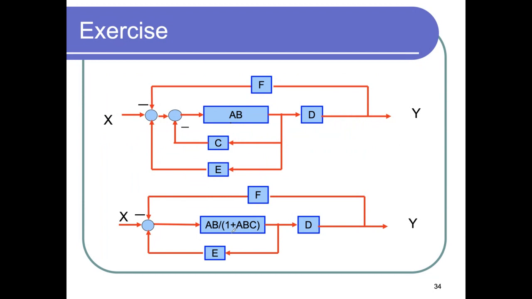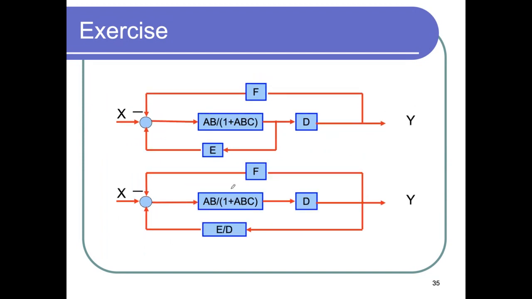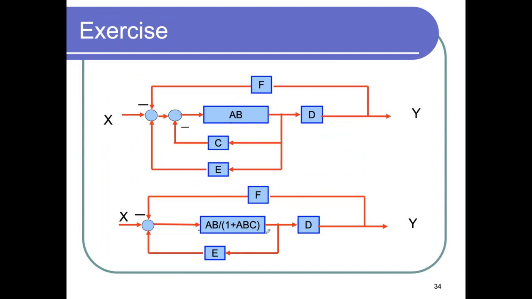There are actually multiple ways to do this, right? One idea is to move the pickoff point after D, divide by D. And then what you will have is the following.